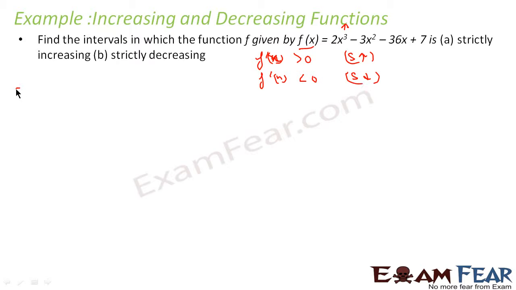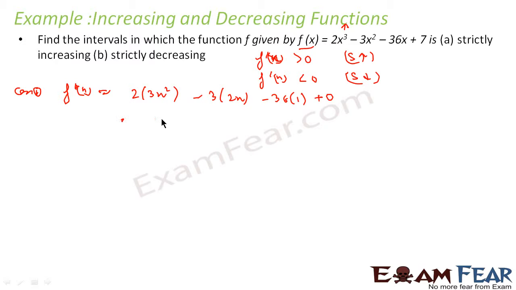So let me take my case 1. My f dash x will be nothing but, if my fx is 2x cubed minus 3x square minus 36x plus 7, my f dash x will be nothing but 2 into x cubed becomes 3x square minus 3 into x square became 2x minus 36, x becomes 1 and 7 becomes 0.